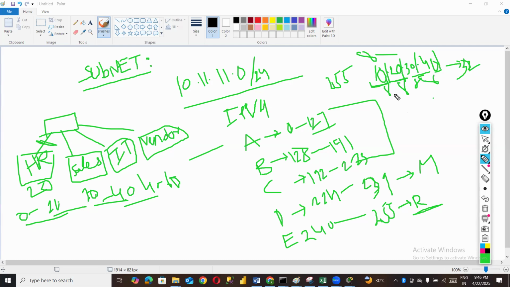If you add 8 plus 8, 16, 16 plus 8, 24, 24 plus 8, 32, right? Now we are matching. So an IPv4 address is a 32-bit value and it has 4 octets. Each octet contains 8 bits. Okay, is it clear? Any doubts in this?